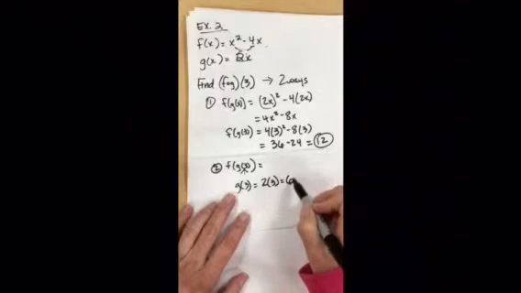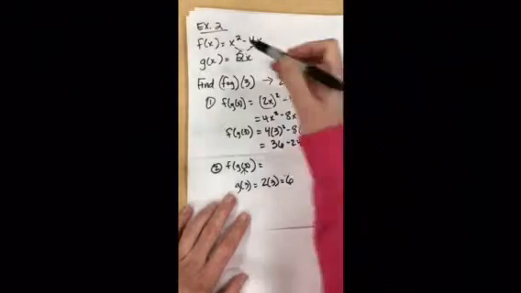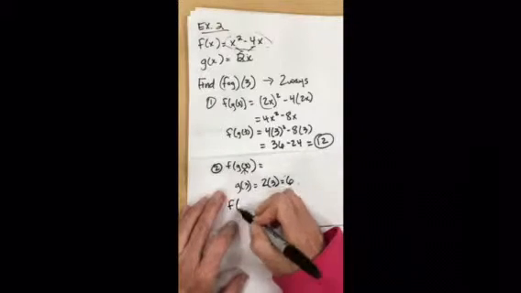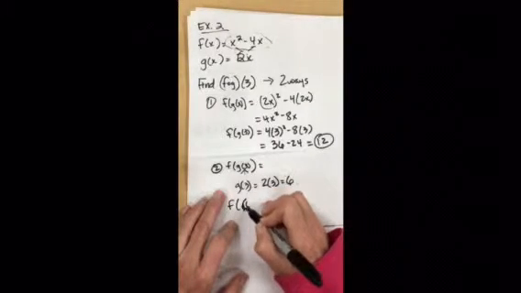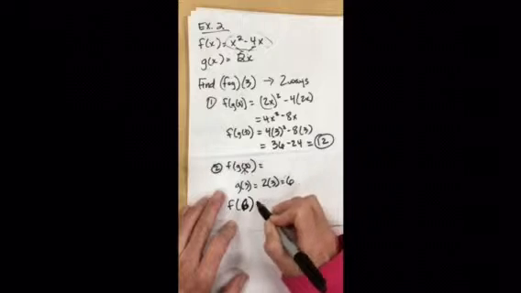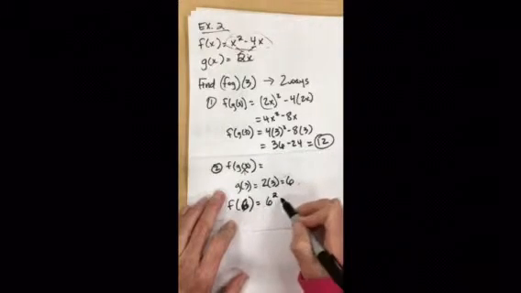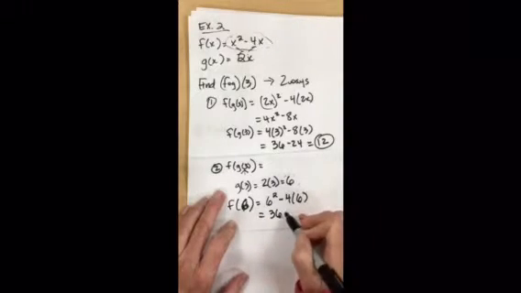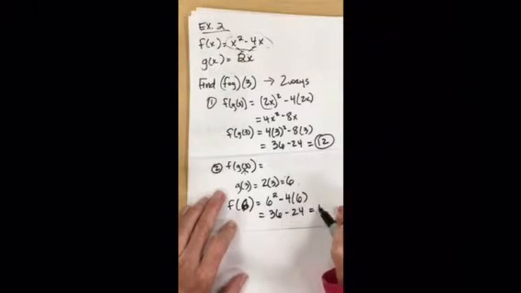We use that output as the input. So f of g of 3, or f of 6, is going to be 6 squared minus 4 times 6, 36 minus 24, which equals 12. Which is the same answer.